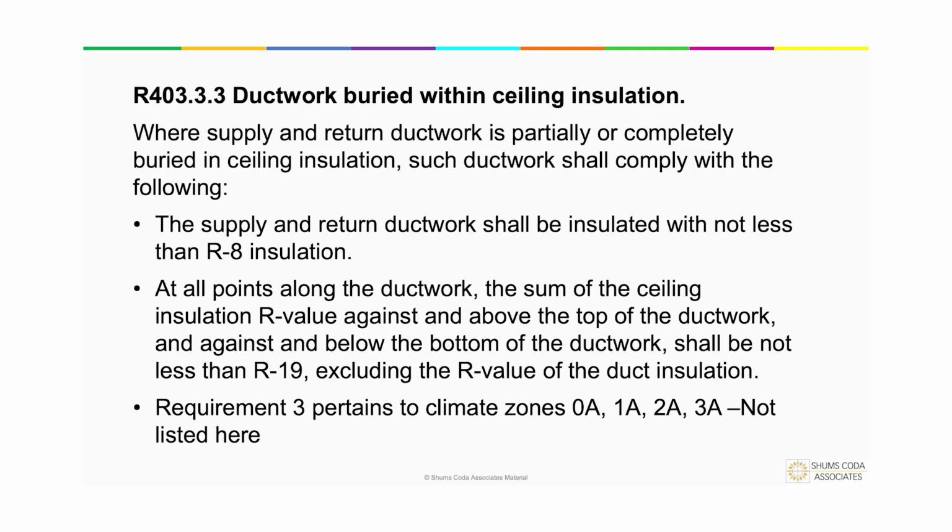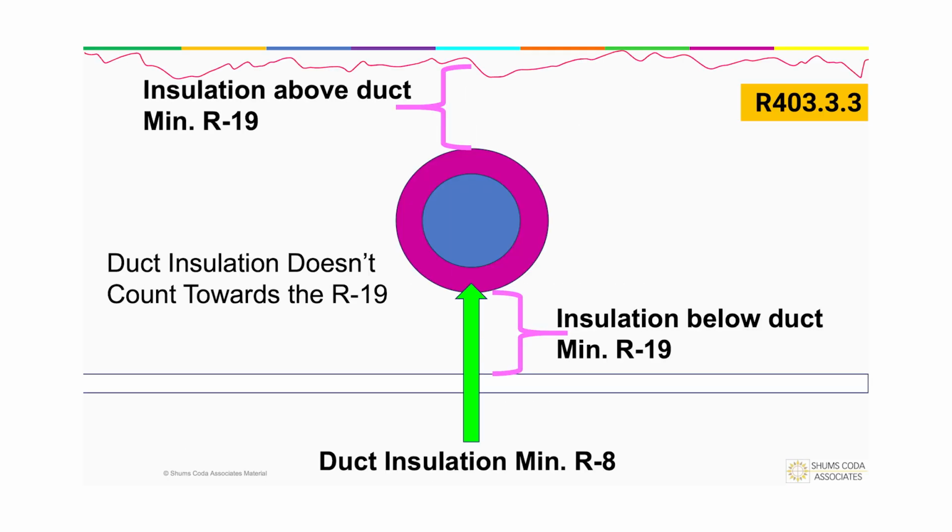Now, what it also is telling us is that the R8 insulation around the ductwork does not count towards that R19. So you're basically doing R19 plus that R8. Now, number 3 doesn't really count because we don't live in any of those climate zones.